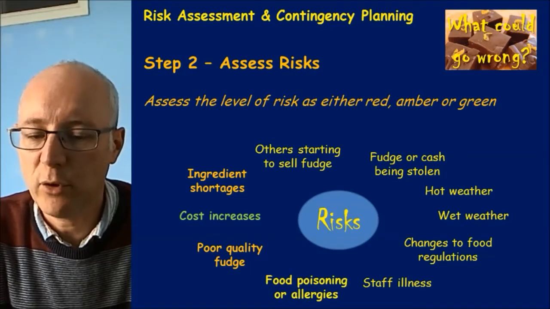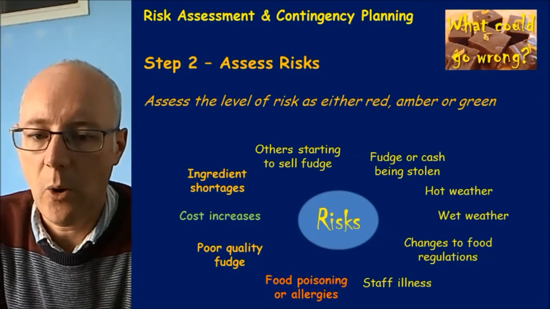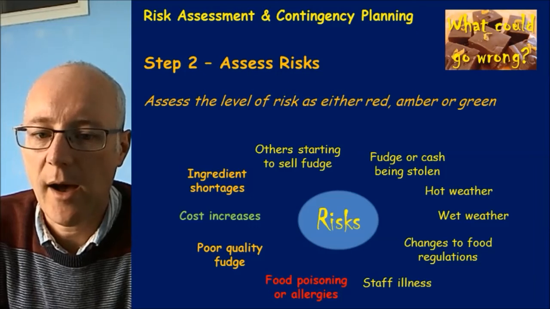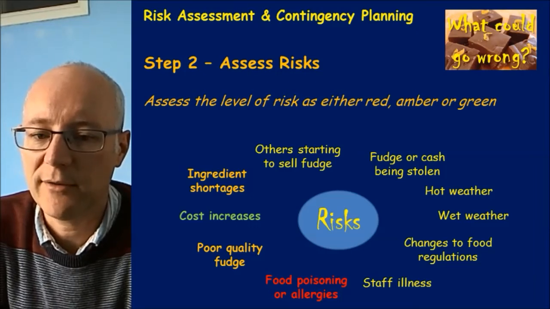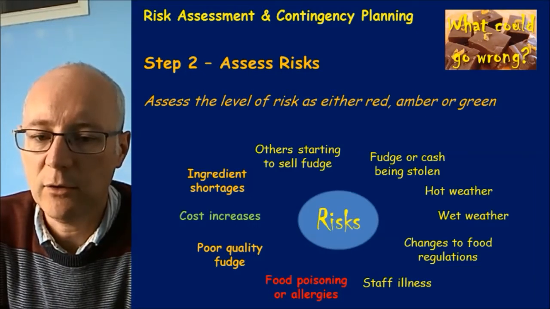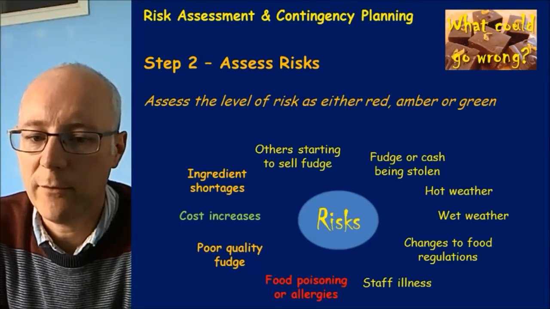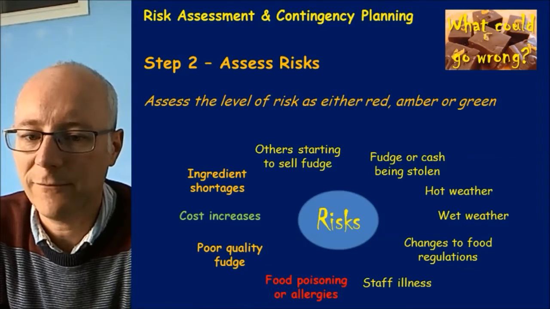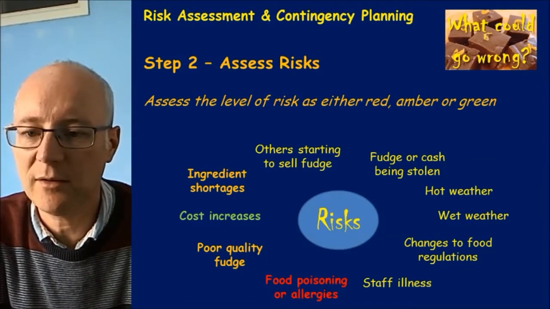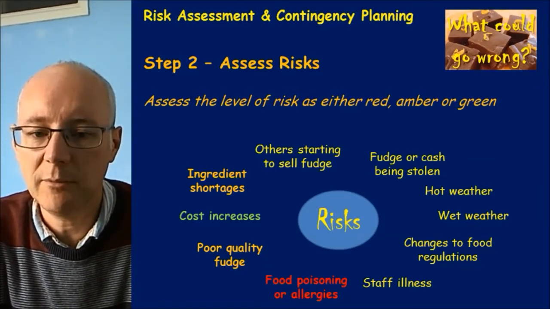What about food poisoning or allergies? Well, I'm saying that is a high risk. That's a big risk, because if I do cause people food poisoning, or if I do cause people's allergies to flare up, then that could have a major consequence for those people, and therefore a major consequence as well for my business and the reputation of my business, or possibly even people suing me.